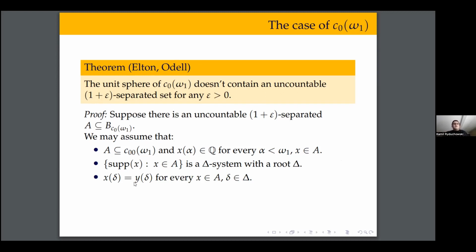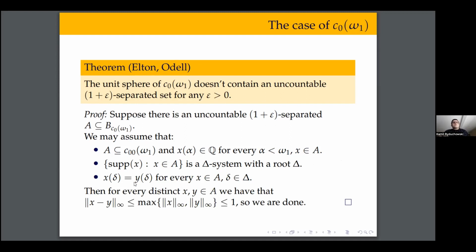But now we are done, because that basically means that when we look at x minus y, then on delta it is 0, and outside of delta, the supports were pairwise disjoint because it was a delta system.